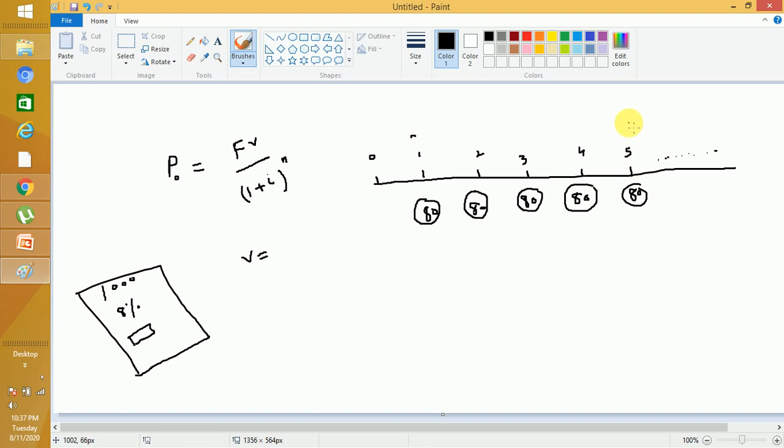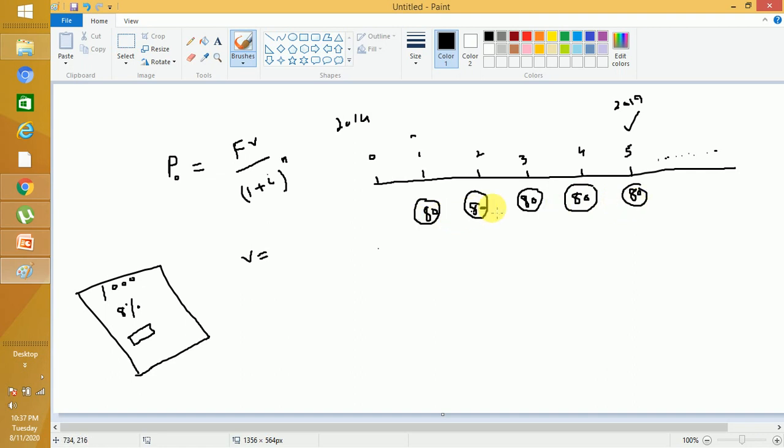Suppose this bond was issued 5 years ago, in 2014. So 14, 15, 16, 17, 18 and 19. This is 2019. And now we want to calculate the value of this bond. So what will we do? We will calculate the present value of all its cash flows.